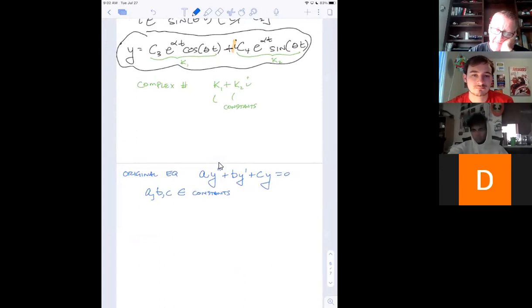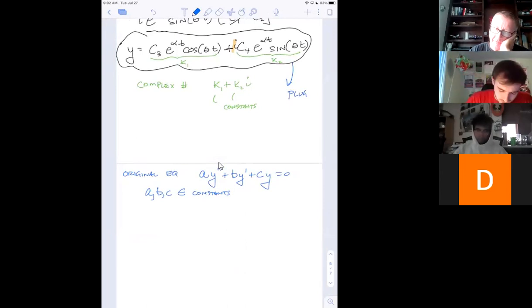But what I want to do now is actually plug in our answer and set it equal to 0, except I'm going to use those two terms, kind of K1 and K2, so I don't have to write that big ugly mess out, right?